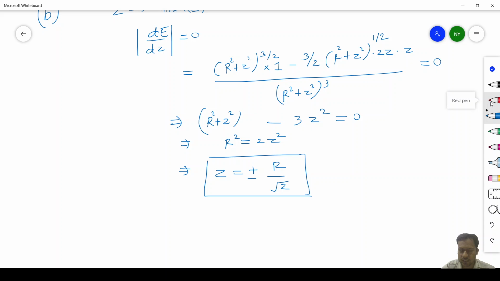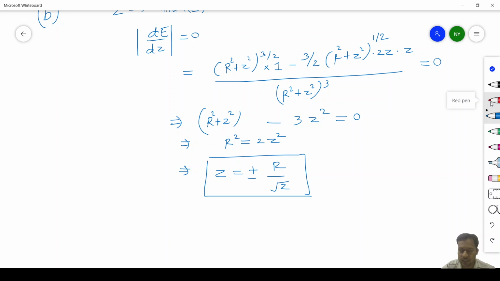The length of the ring is the circumference, that is 2 pi r. So lambda will be q upon 2 pi r. Now we put this into the equation of the electric field which we obtained in question number A of this example.